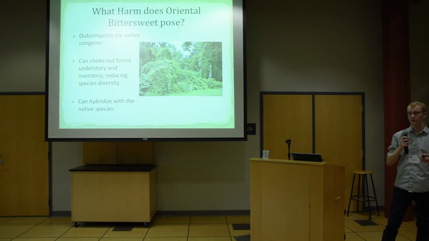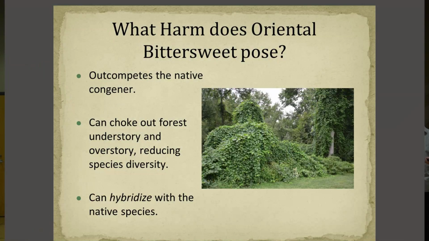So yeah, they pose a significant harm, and they're one of the most significant invasives, even though they don't seem to be necessarily as significant, because they can roost in closed canopies, so you might not notice them for long periods of time before they come into more urban environments. So they can outcompete the native.